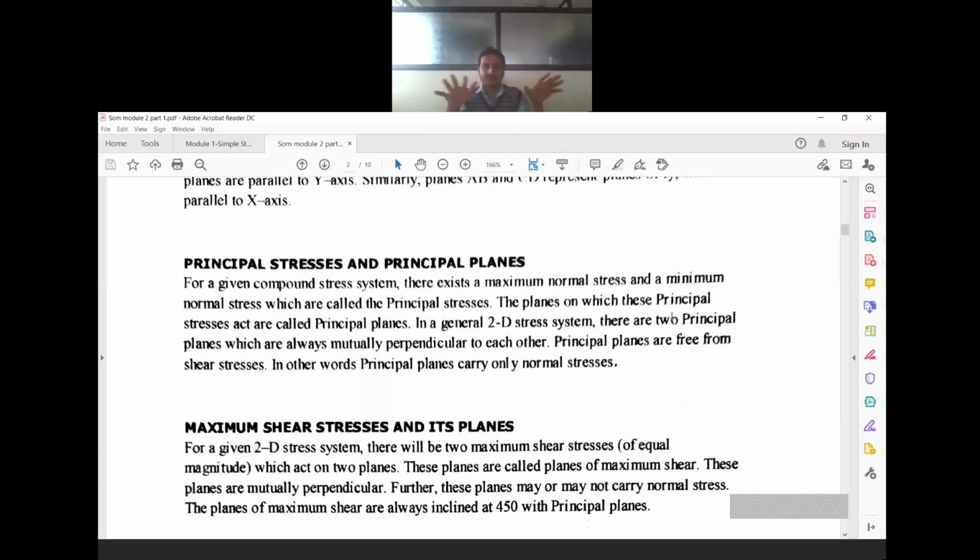The planes on which these principal stresses act are called principal planes. In a general 2D stress system, there are two principal planes which are always mutually perpendicular to each other. Principal planes are free from shear stresses. In other words, principal planes carry only normal stresses.